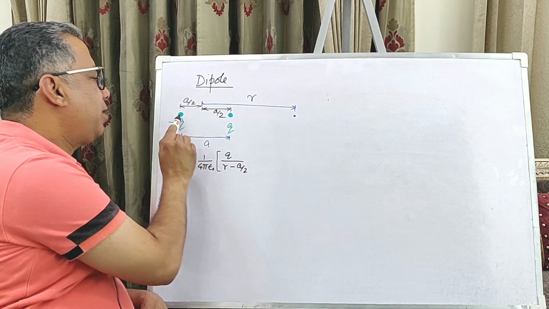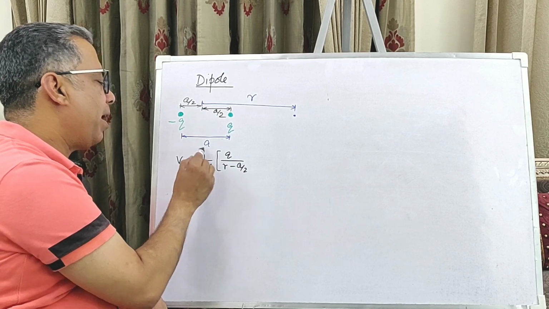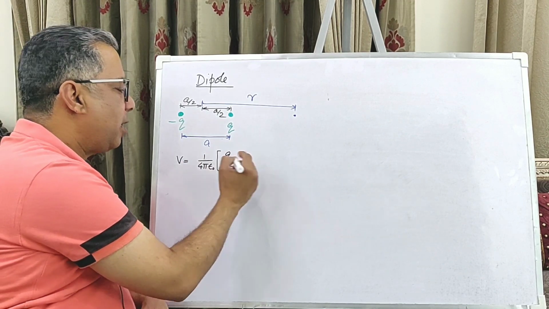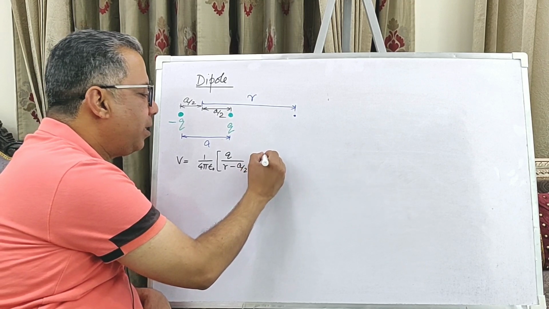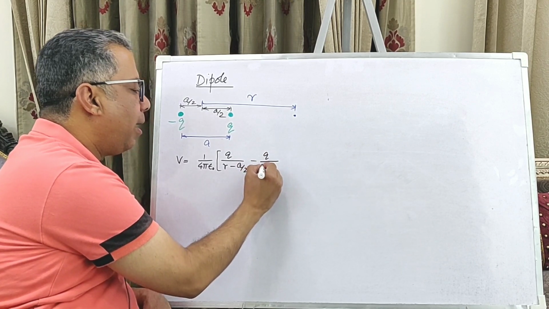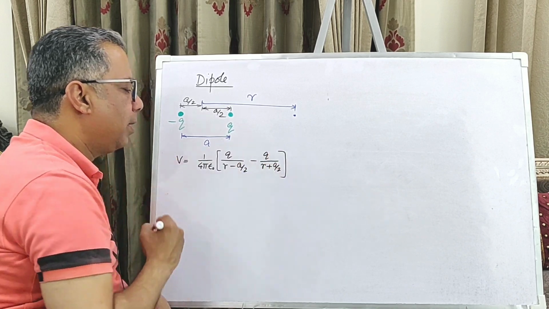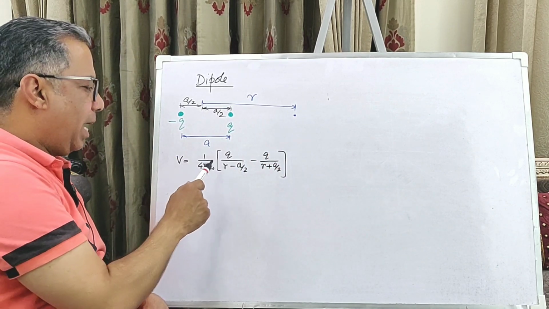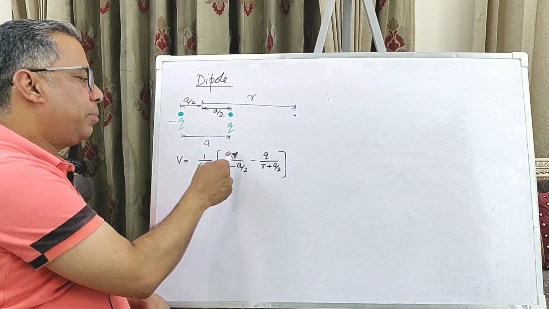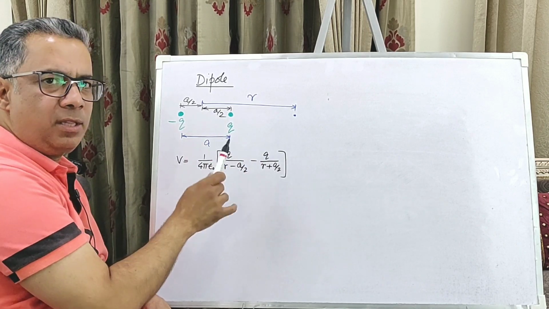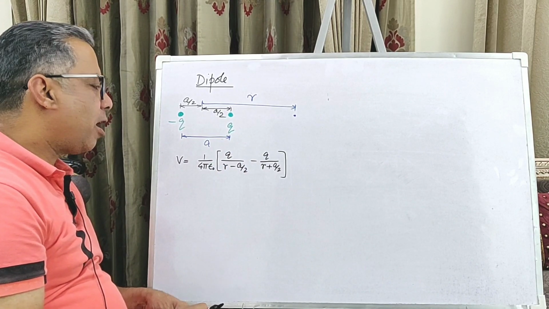And then potential due to the charge minus Q will be 1 by 4 pi epsilon naught times minus Q by R plus A by 2. I'm sure you will recall that in the expression for potential we substitute the charge with the appropriate sign that the charge should have.